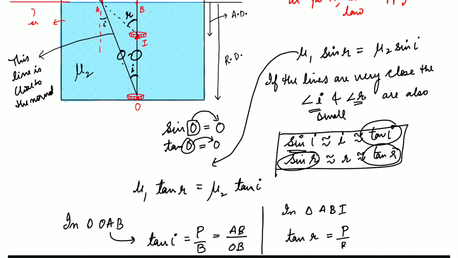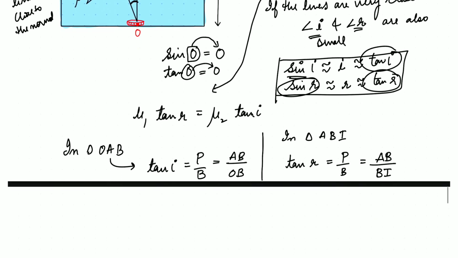Tan of r can be written as perpendicular upon base. Now you tell me where is your perpendicular and where is your base in this triangle. This is your angle r, so AB is the perpendicular and BI is the base. Is that a yes or no?